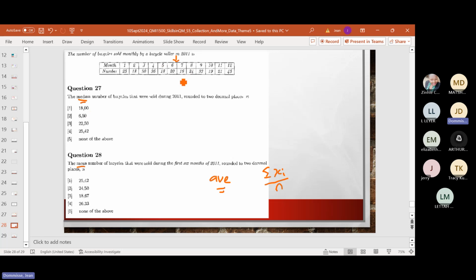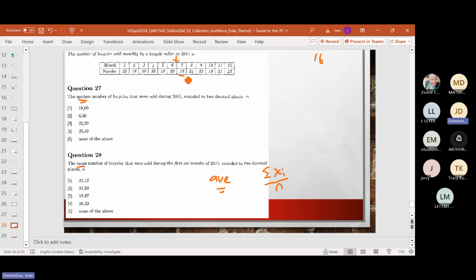But to calculate the median, you first need to order the data. You can't work out the median on unordered data. You first need to order the data from small to big.